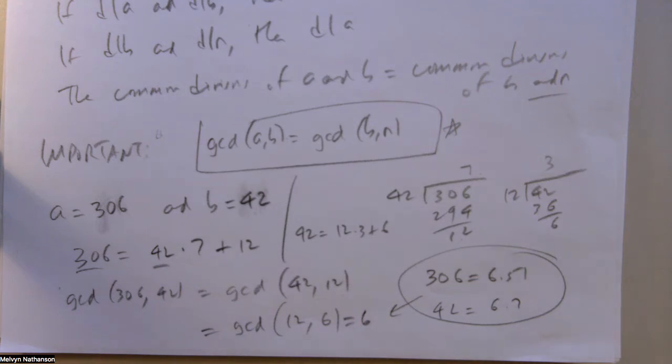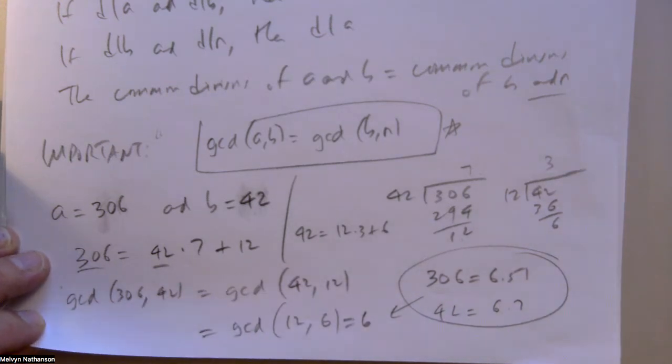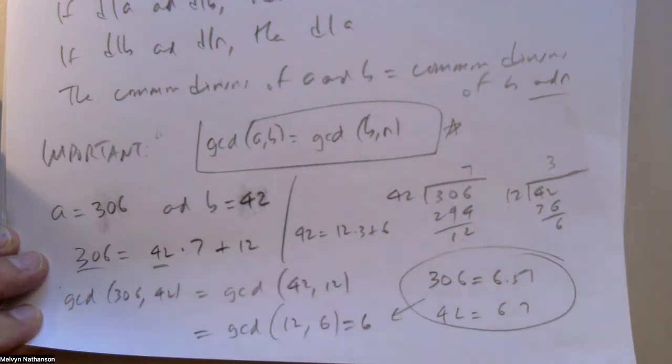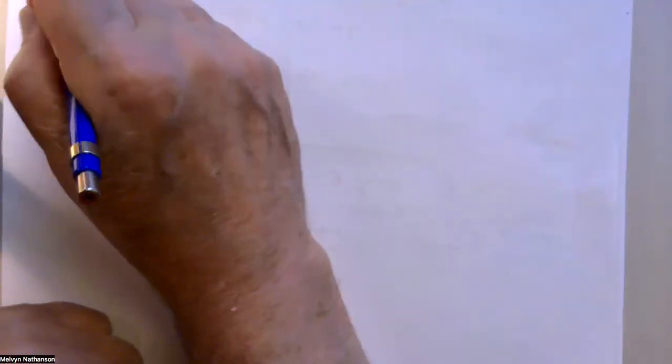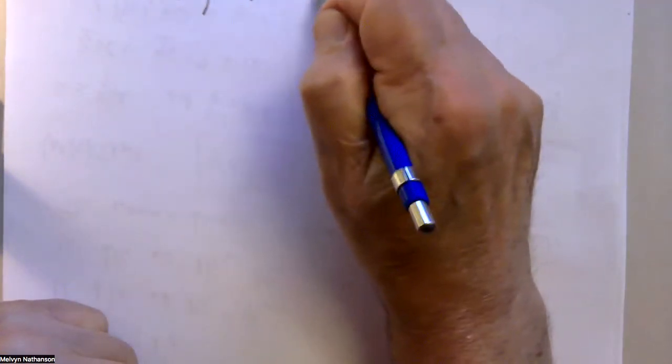So again, in ancient Greece, it was observed that this process of successive long divisions gives you a method, or as one says, an algorithm, to calculate the greatest common divisor of two integers. This is the Euclidean algorithm, which is simply successive long divisions.